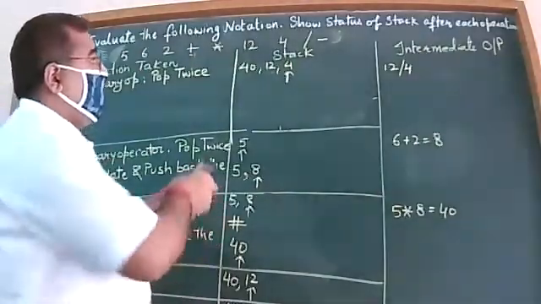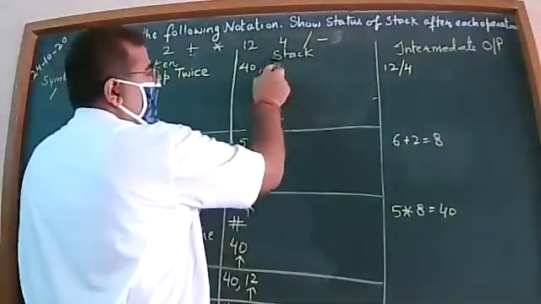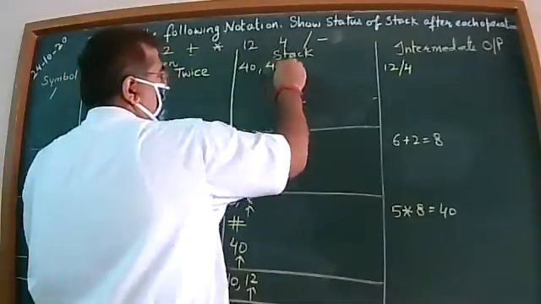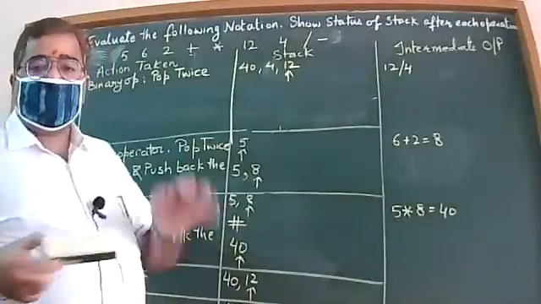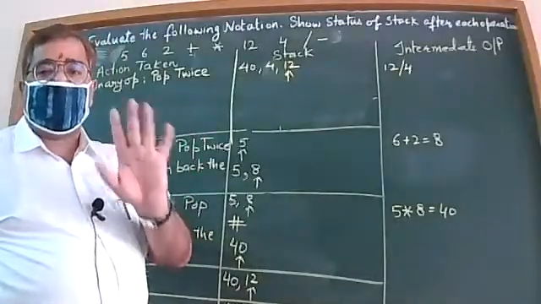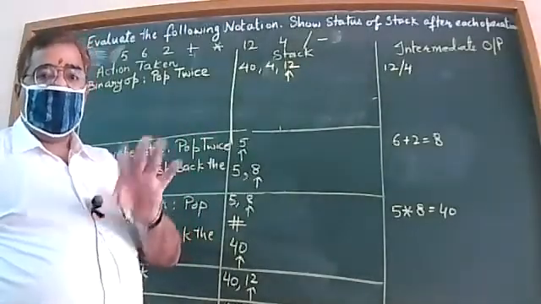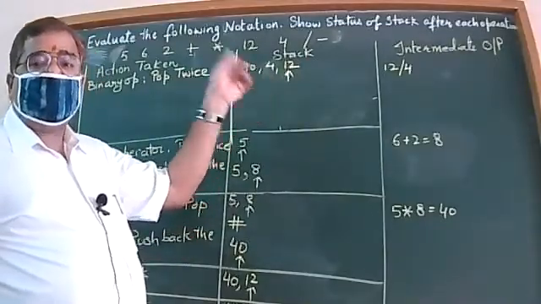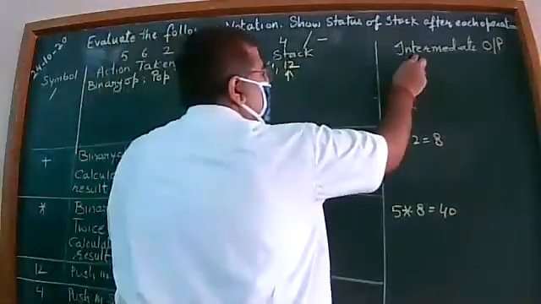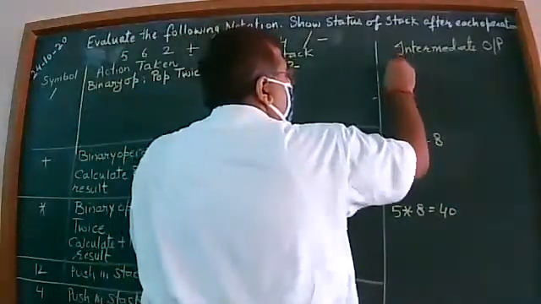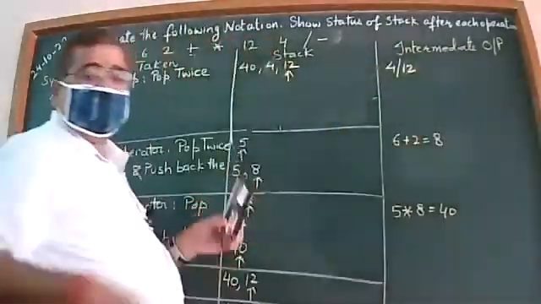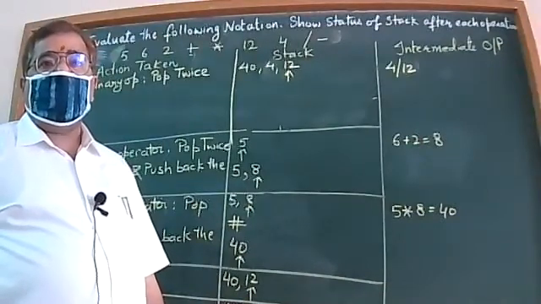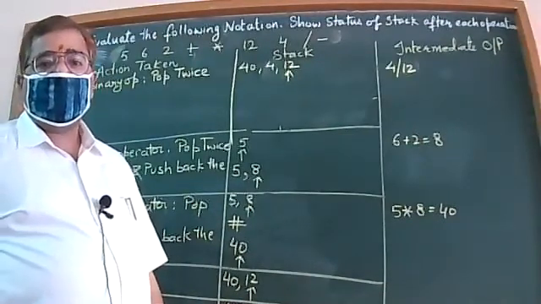Suppose it was written like this. I am giving one example over here. Then what would you have done in this case? You would have written 4 divided by 12, and the answer would be in fractions.